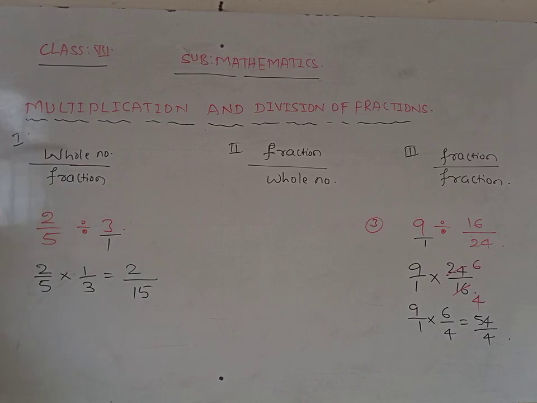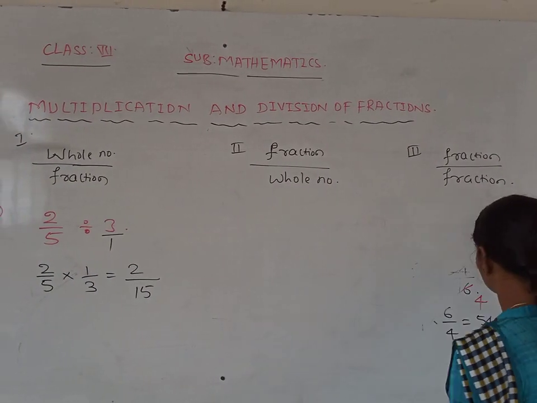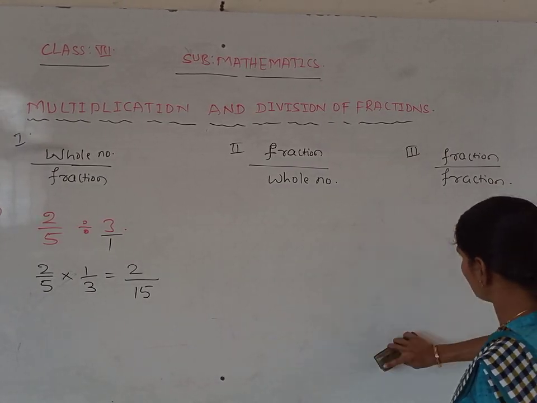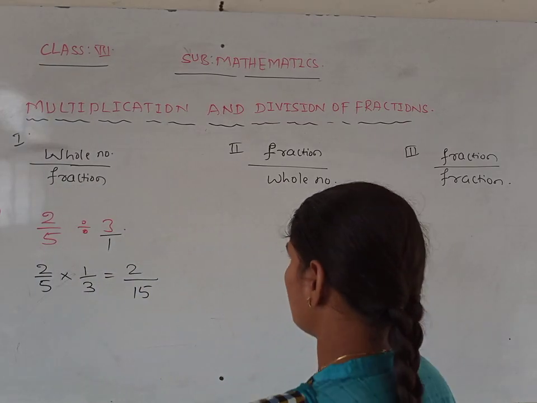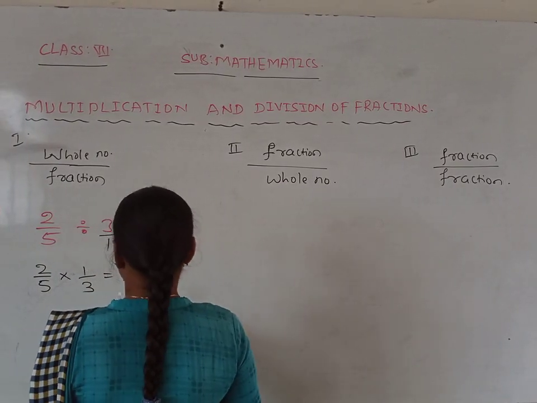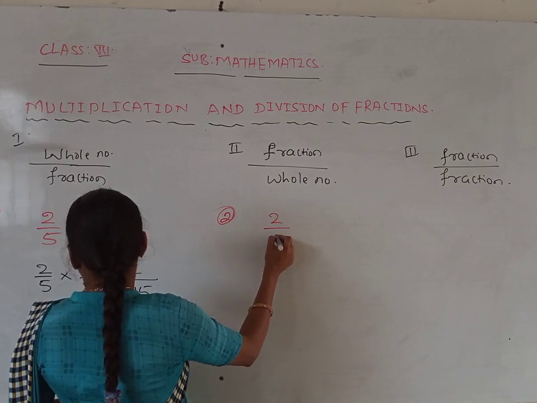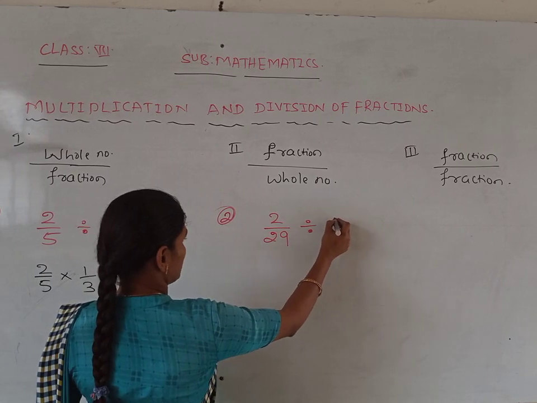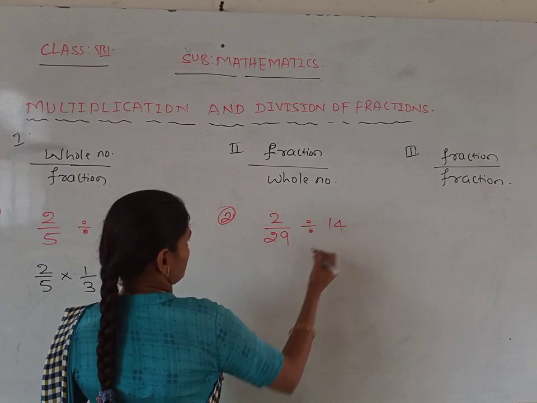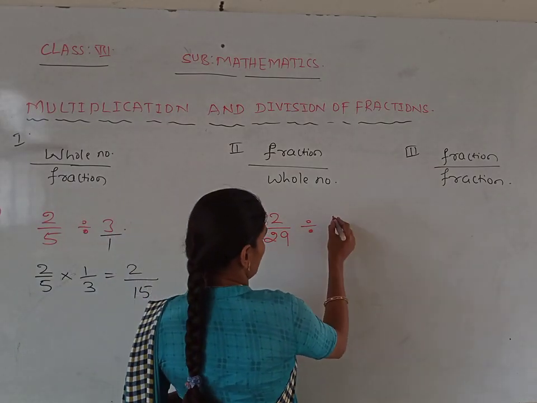So easiest question. Yes? Shall I give one more? Here also 3 types of question: fraction by fraction, whole by fraction, then fraction by whole number. 2 by 29 divided by 8.